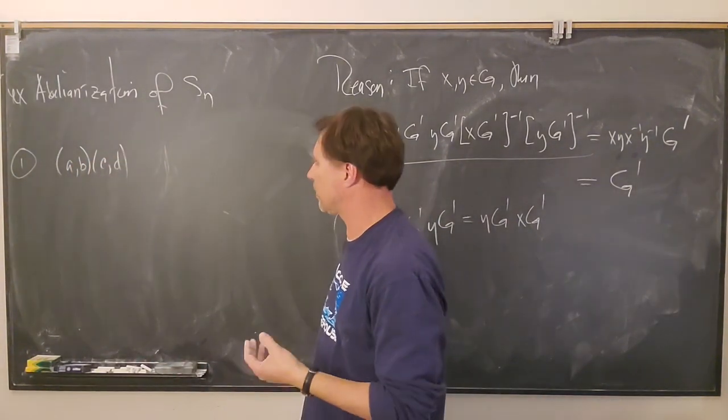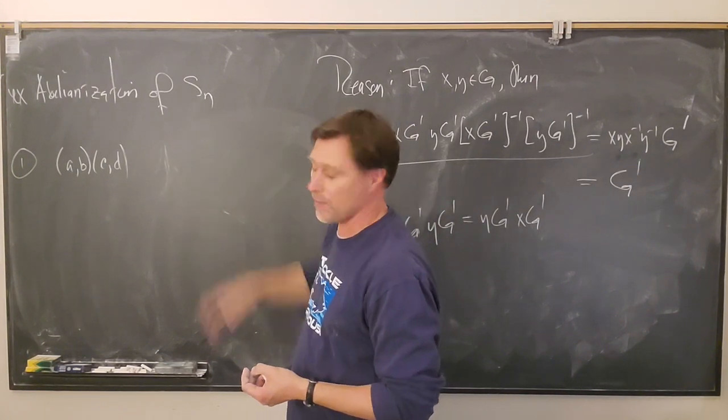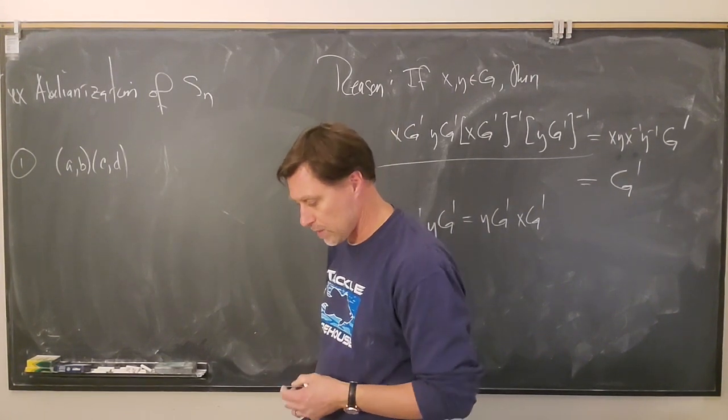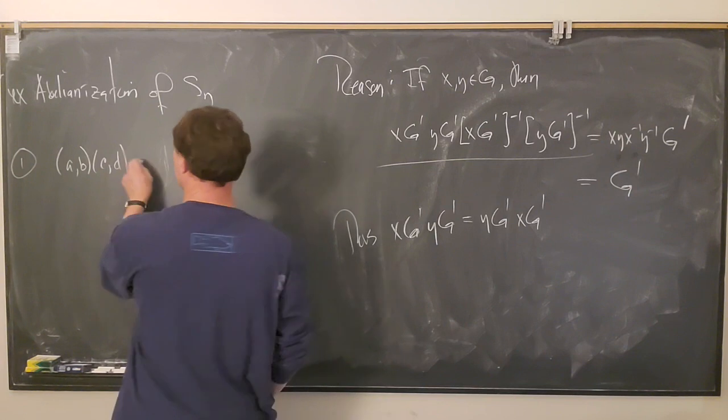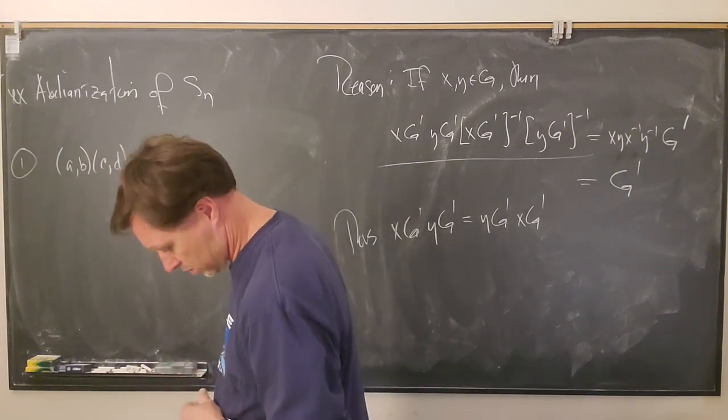AB is some element of Sn, CD is some element of Sn, and they're both two-cycles.